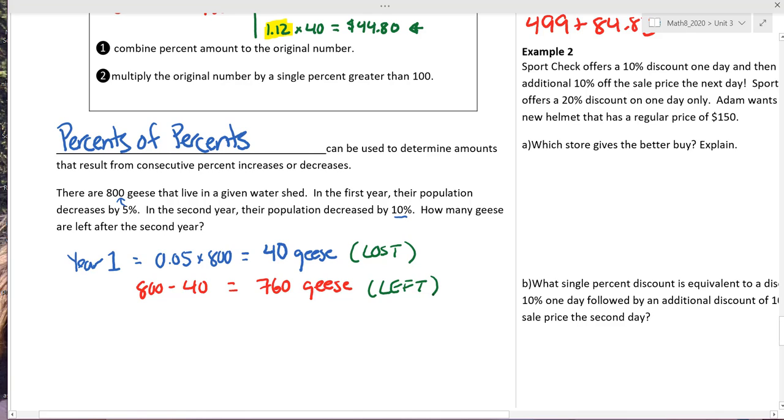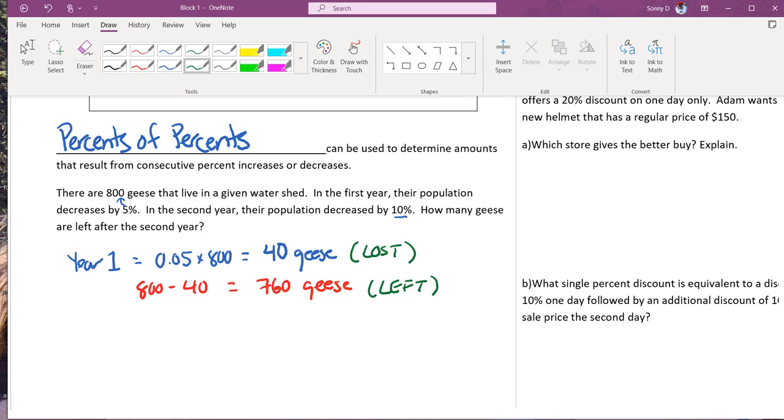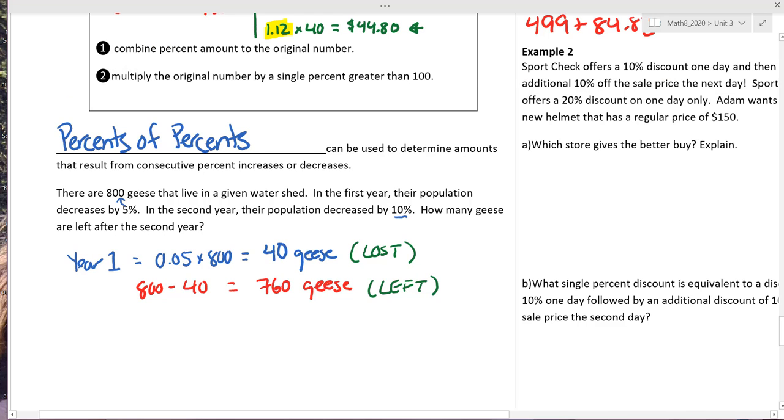So in the second year now, in year 2, they say that we lose 10%. So if we lose 10%, that's 0.10 as a decimal. 10% of what population? It's not the 800. We said at the end of the first year, we're only left with 760 geese.